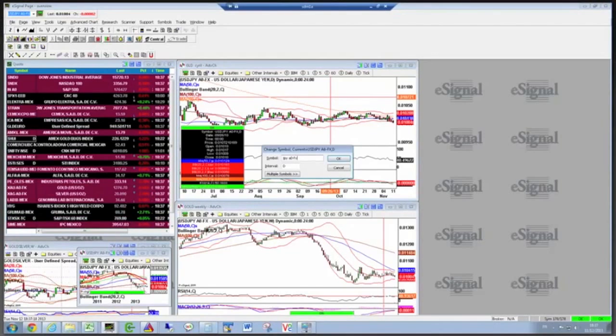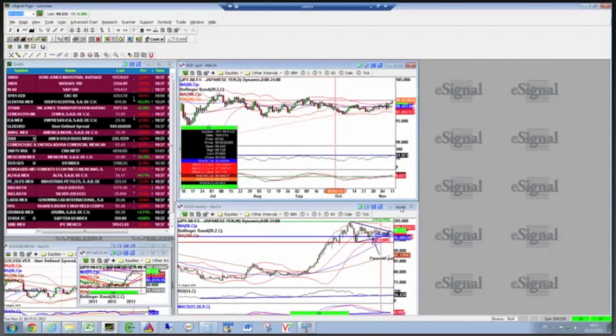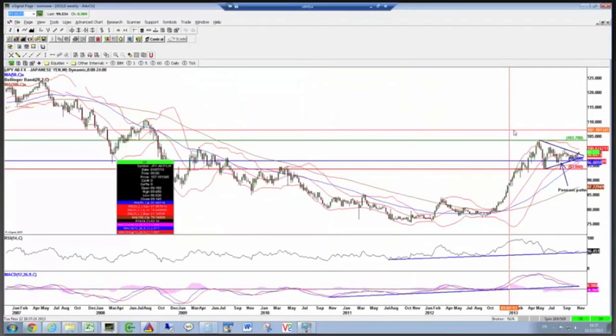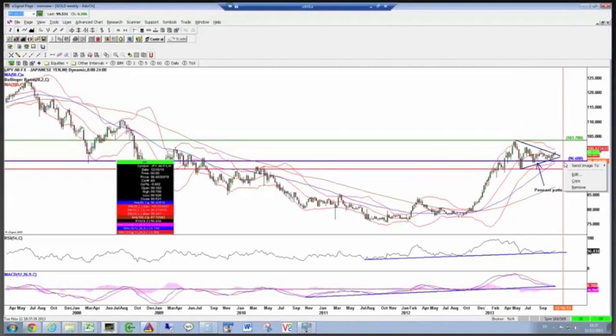Okay, sorry. So on the weekly chart, on the US dollar against Japanese yen, we have the validation of a pennant pattern if you have a look at the weekly chart. So it is a continuation pattern, a bullish continuation pattern in that case.